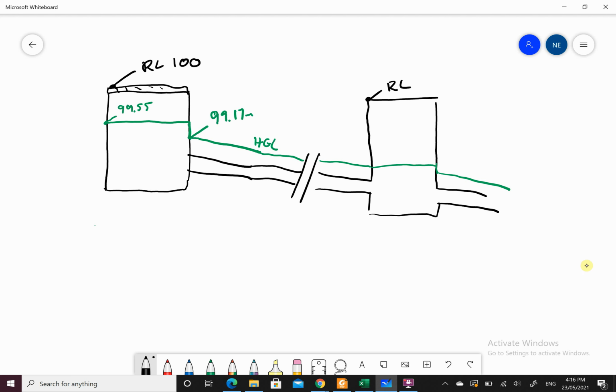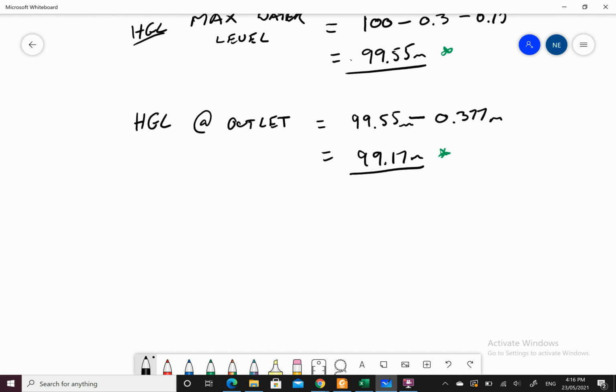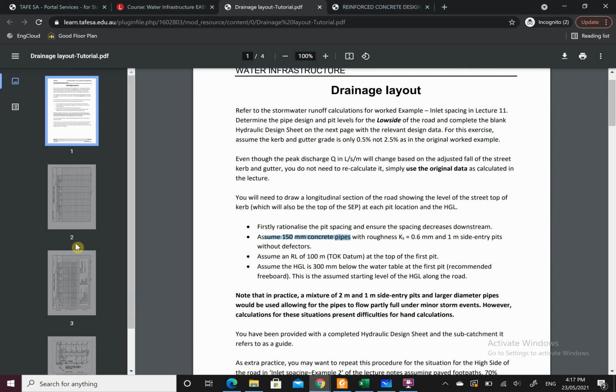So what I need to work out is the slope of the hydraulic grade line through here. So that's what's next. I'll go to my hydraulic grade line slope, SF. We have a formula for it, or to make our life easier, we have a chart in our appendix.